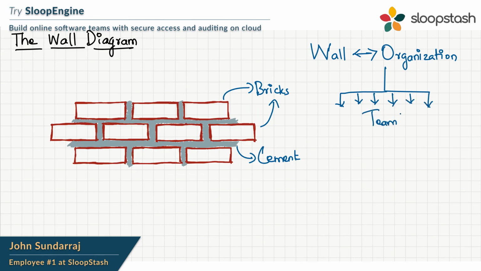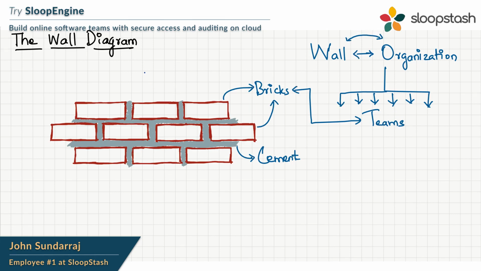Each and every team will perform separate tasks. So that depends upon the team. If it is correct to compare wall with the organization, it is also correct to compare bricks with the teams. So basically comparing the components of the wall with the components of the organization. Here, what are the components of an organization? Teams are the components of the organization.